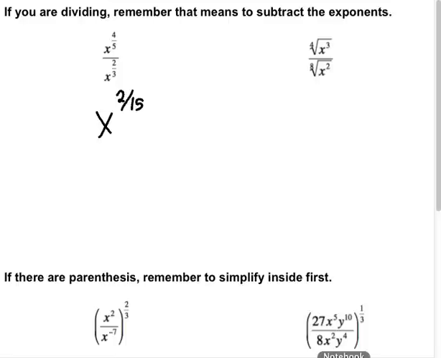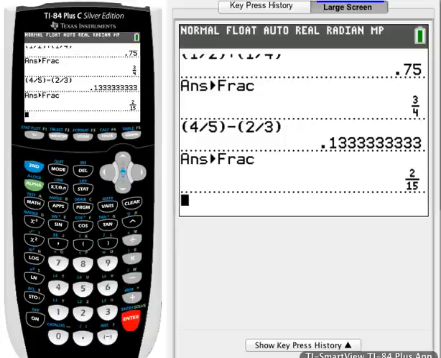All right, what about this one? Again, with radicals, you always want to convert to rational exponents. So here, this is going to be x to the 3/4 divided by x to the 2/8. Let's take a look at that: 3/4 minus 2/8.